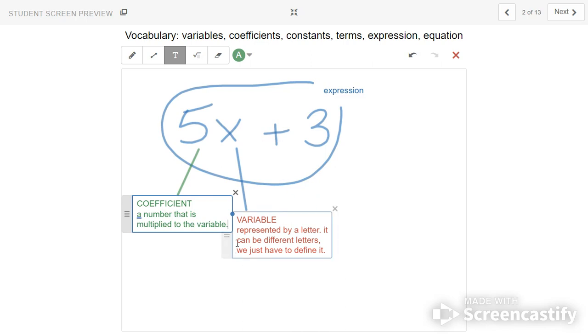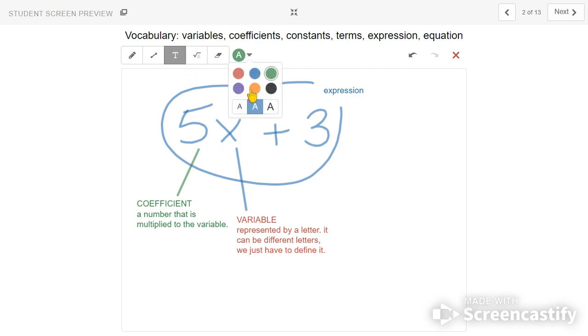Now, I make this distinction because this number is different than this number. 5 is attached to the x, and together it forms a term. This is our coefficient because it's attached to the variable. On the other hand, the 3, we would call this a constant because regardless of what the variable is, plus 3 doesn't change.